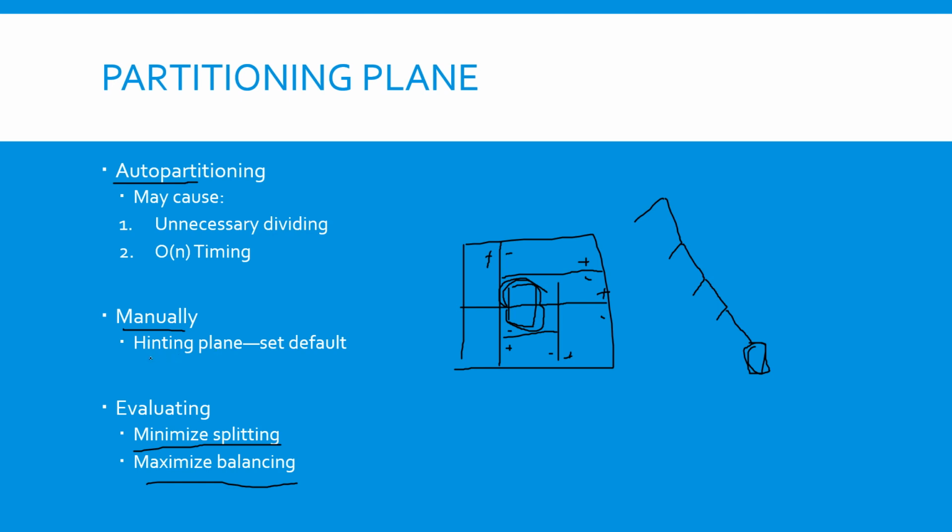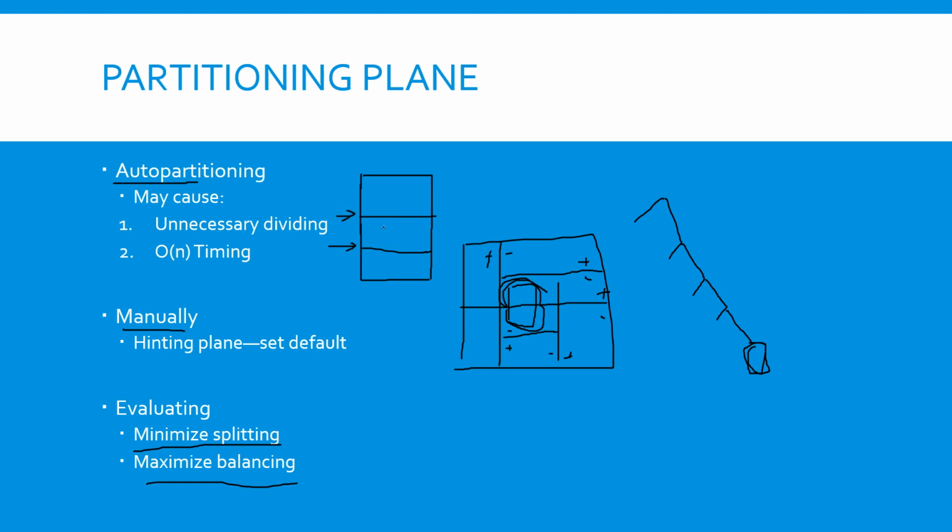Okay, the hinting plane. Well, there is a good example here. For example, we have a 3-story house. We want to partition it. We can use the floors as the hinting plane.